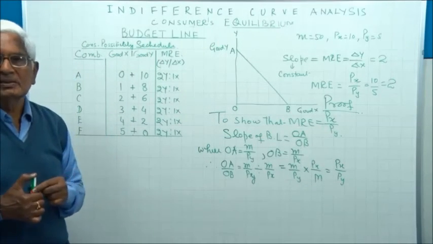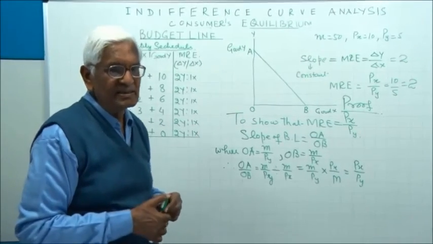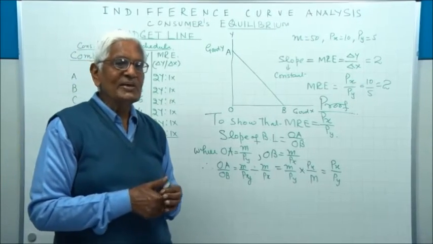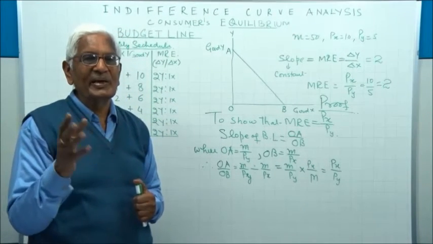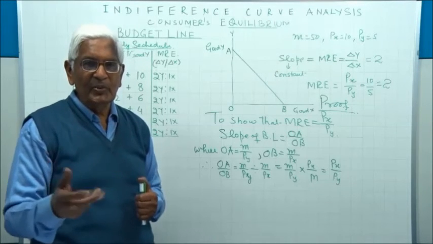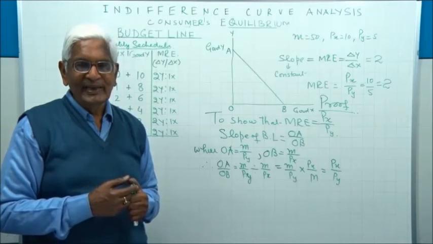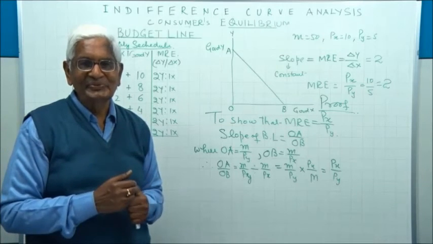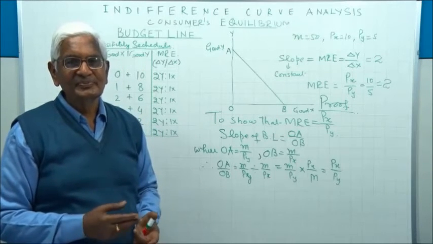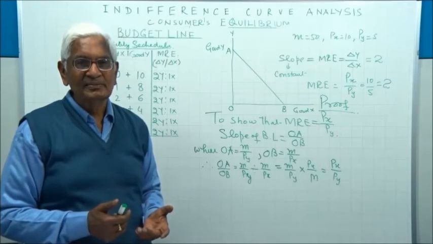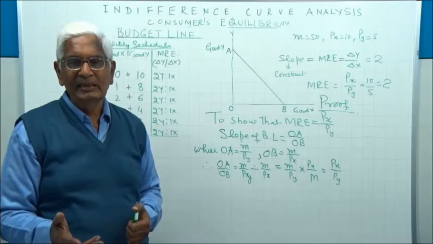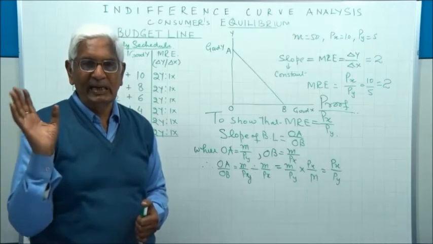Normally, I don't expect that you will be asked to show this in the examination. But you may get a question where you are given price of X, price of Y, and you are asked to comment upon equilibrium. In equilibrium, the term MRE comes. Then you may be at a loss. MRE तो दिया नहीं है सब. नहीं दिया है तो क्या हो गया? You take the ratio of PX and PY, and that becomes MRE. Ignoring sign. Remember, ignoring sign.